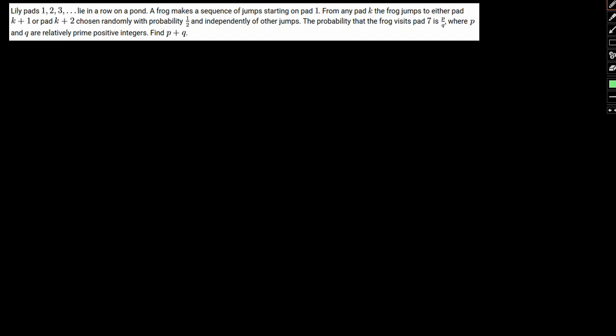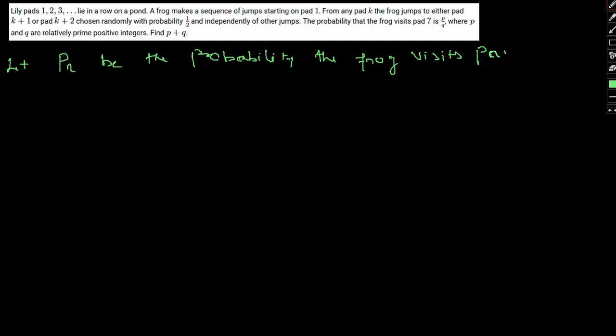Okay, so let's try and solve this. Let p of n be the probability that the frog visits pad 7 starting from pad n.